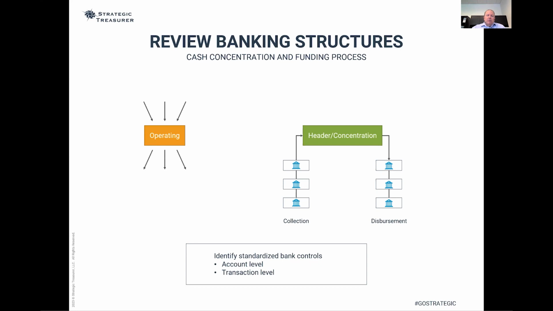So, these are just two hyper simplified models. The one on the left is a small company that may have a single operating bank account where everything flows into that one bank account and everything flows out of it. This is a common way that organizations start, and then as they grow, they add collection accounts, disbursement accounts, maybe payroll accounts.